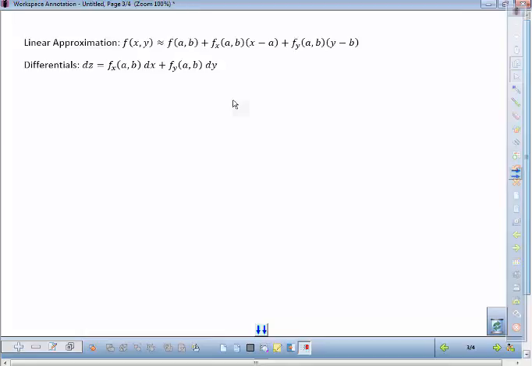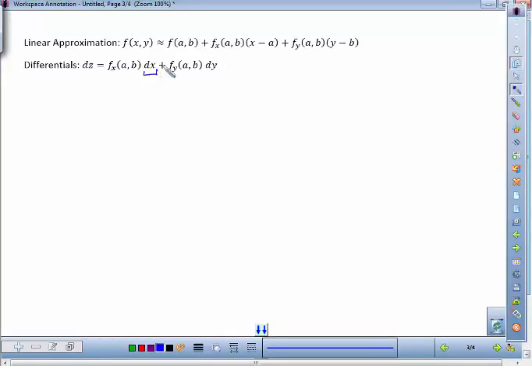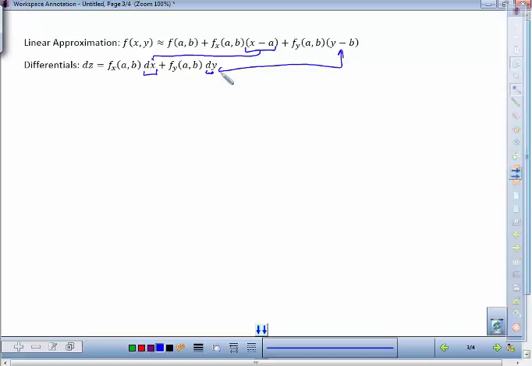Go ahead, Matt. It looks kind of similar in that x minus a represents a change in something, which is very similar to the idea of dx and dy, a change in a function with respect to x. So there's a dx and a dy separately, and they do represent a little bit of change.